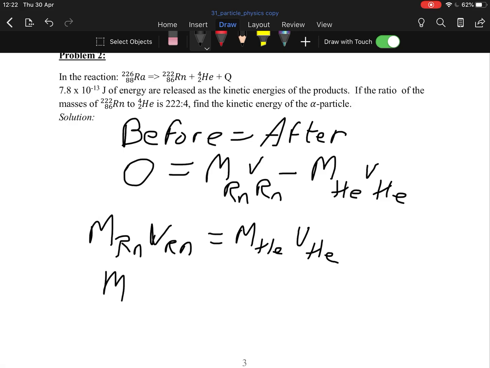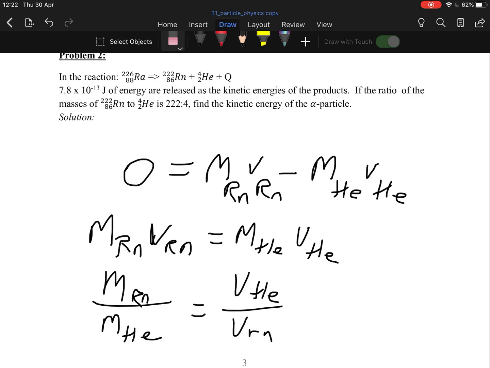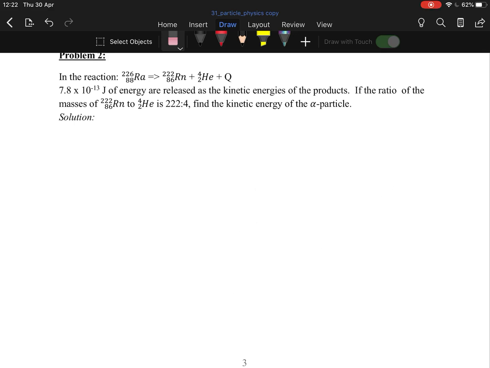So I have M Rn over M He equals V He over V Rn. Now we were told that the ratio of the masses is 222 for Rn and 4 for He. So I'm going to rub the whole thing out and split my page in two, so you can always go back over the video to find out.